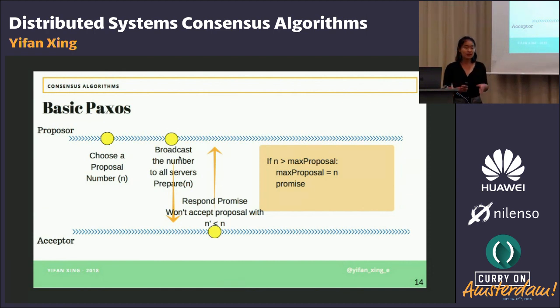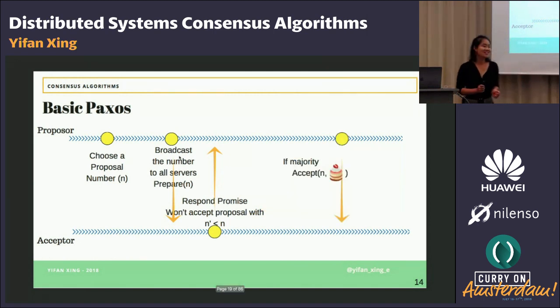The first thing it's going to do is check whether the proposal number it received is the largest number it has ever seen. If it is, then it's going to return a promise, basically saying, I promise that I will only respond to your value if I don't see any number that is larger than yours later.